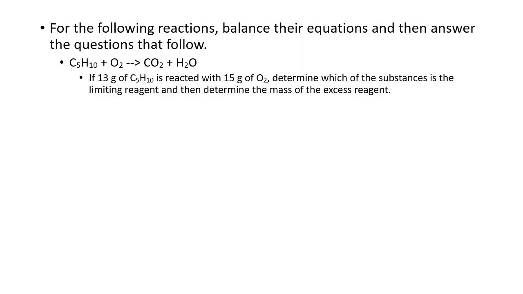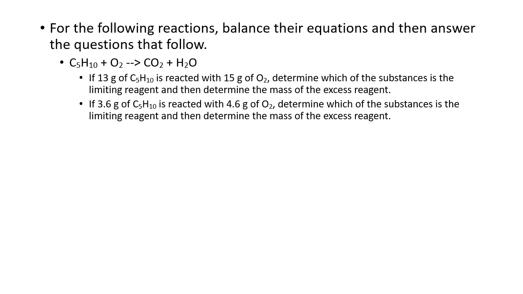Let's have a look. Okay, here it is. There's one more question as well, but we'll do that later. Balance this equation: 10, 10, 2, and 15. We're going to work out the limiting reagent all over again.